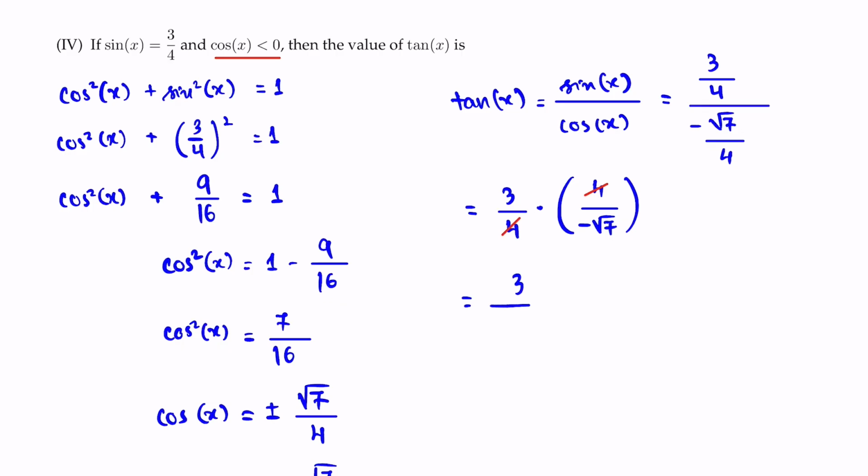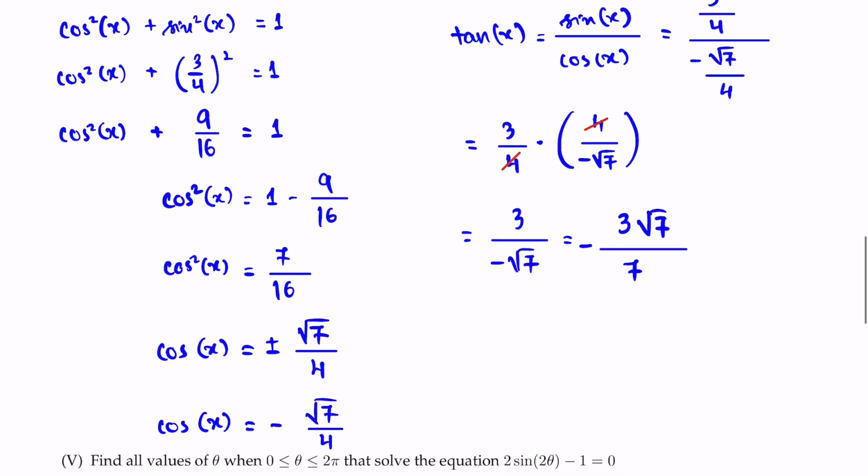You're left with 3 over negative root of 7. Then for the answer, you need to rationalize this by multiplying and dividing by square root of 7. You get 3, with the negative in front. All right, so tangent of x is equal to -3√7/7.